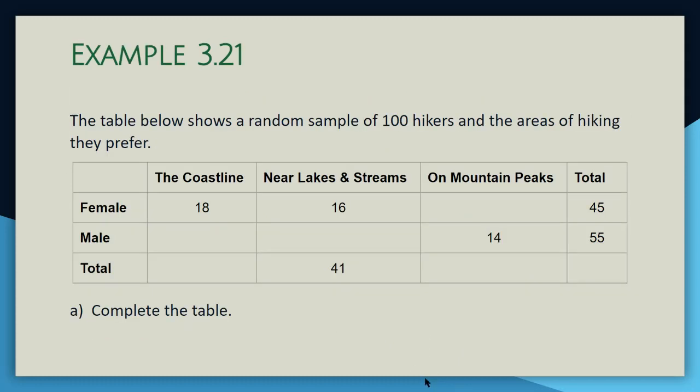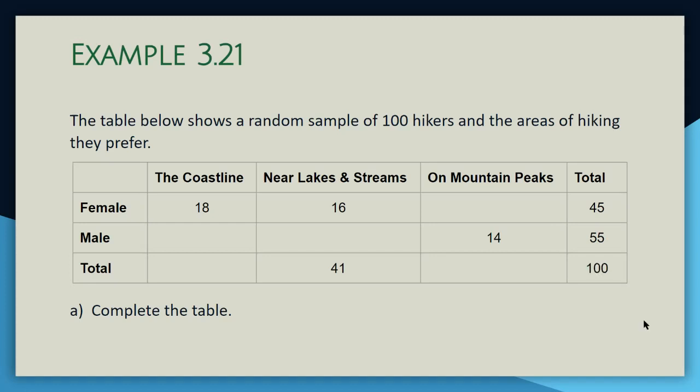Okay, so let's try another one really quick. The table below shows a random sample of 100 hikers and the areas of hiking they prefer. It's sorted by gender and then coastline, lakes and streams, or mountain peaks where they like to hike. The first thing they ask us to do is complete the table. They've given us some information, but not all the information.